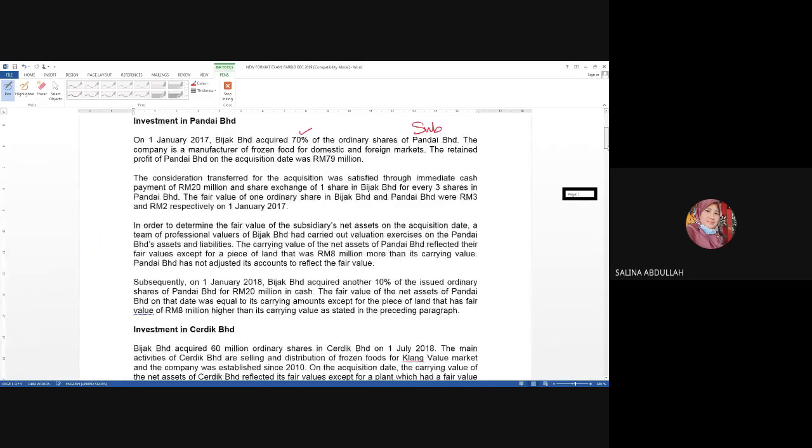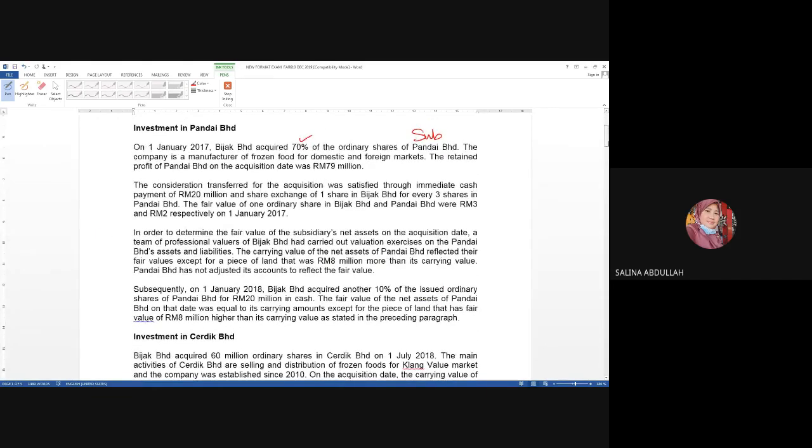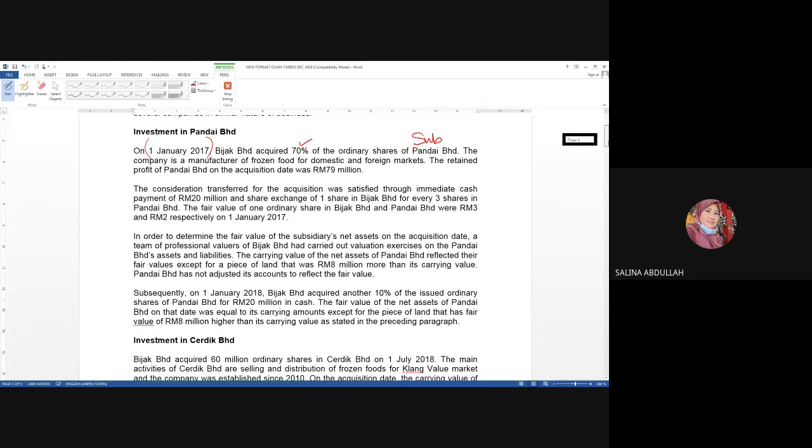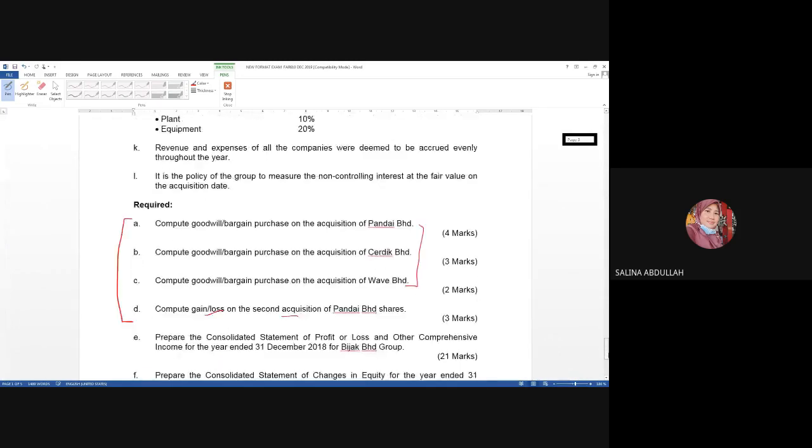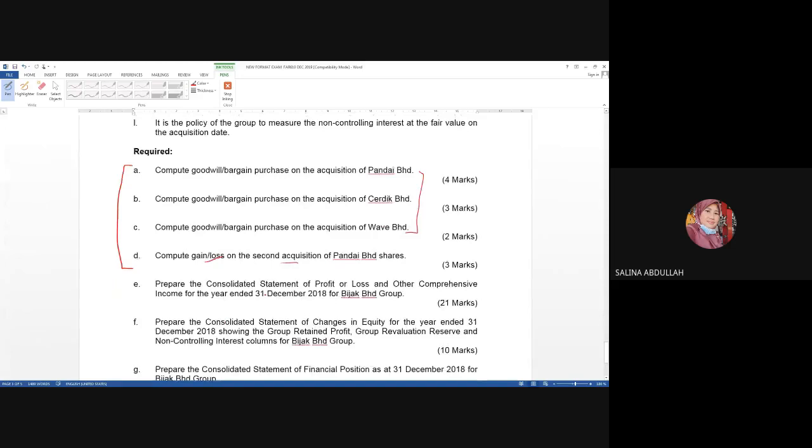Let's take a look at the first one. Acquisition of investment in Pandai Berhad. This is the date, 1st January 2017. The accounting period, always refer to the accounting period as well. From the requirement of the question, can you see here the date 31st December 2018, meaning the accounting period starts from 1st of January 2018 until 31st December 2018.